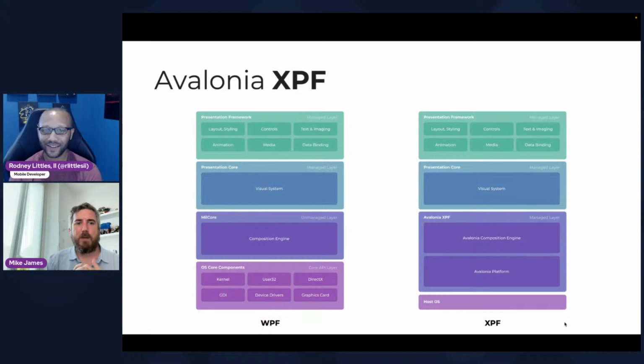Wow. So the trick to it is we've replaced the low levels. We've got this MilCore, which is the core part of WPF. We've ripped that out and replaced it with Avalonia, the standard Avalonia that you've just seen, and 10 years of work. And we've left PresentationFramework and PresentationCore untouched. That means your application sits up here with basically no code changes, and we can now run your app on these new platforms.